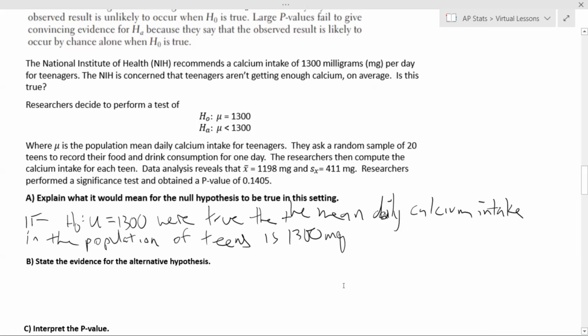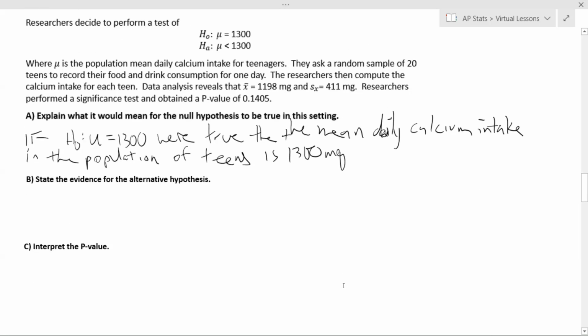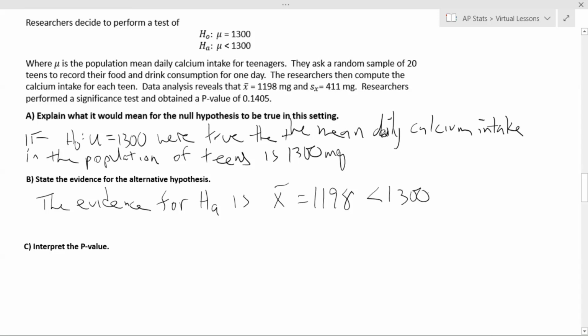Okay. State the evidence for the alternative hypothesis. So the evidence is what we get from our sample. In the sample, so for H A, is that x bar equals 1,198, which is less than 1,300. Okay, so we have some evidence because we got a sample where the average of the sample is less than the claimed average for the population. So that's some evidence. We're eventually going to want to know, is that convincing evidence?